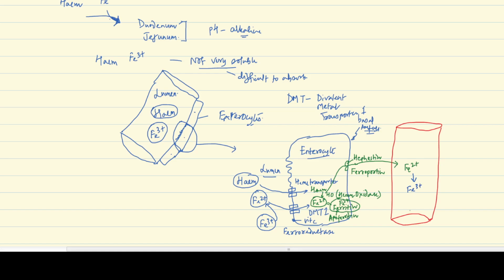So in the blood there is apotransferrin, which is a protein, and it combines with the ferric ion, and it forms transferrin. So again, transferrin combines with the ferric form.